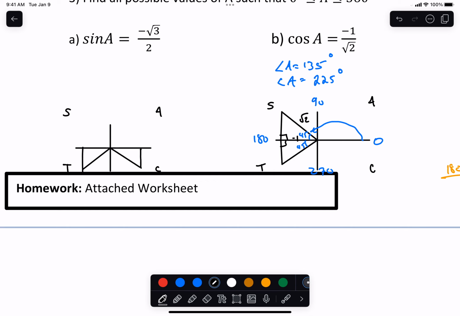What triangle has root 3 in it? Yeah, 30, 60, 90. The 30, 60, 90 has a root 3 on it, right? And it says sine is opposite over hypotenuse, right? So I'm standing here. This has to be root 3 or negative root 3. This also has to be negative root 3. So what angle goes opposite of the root 3 side length?